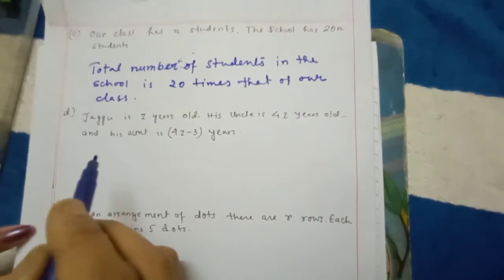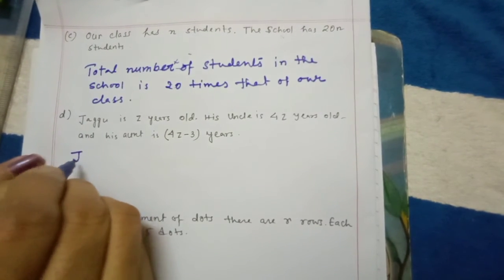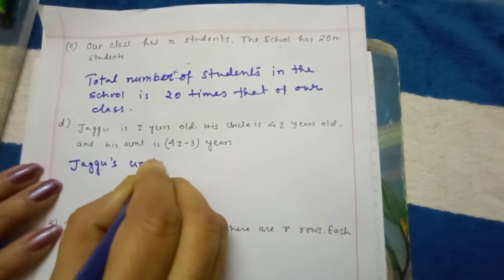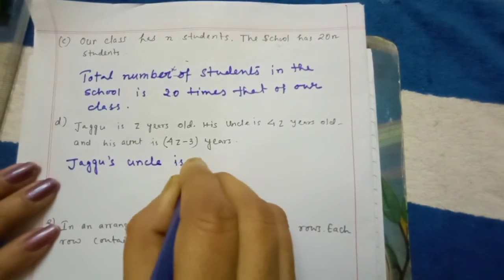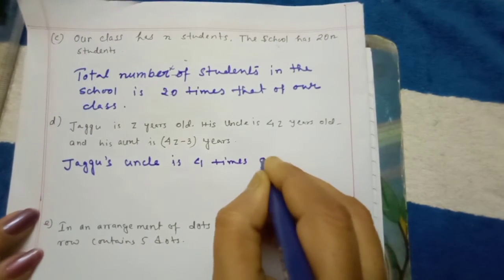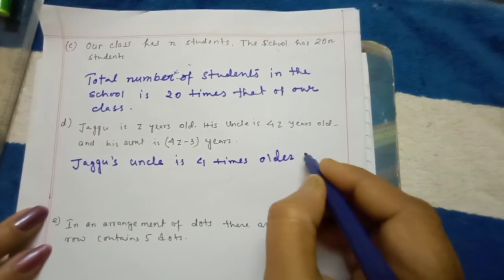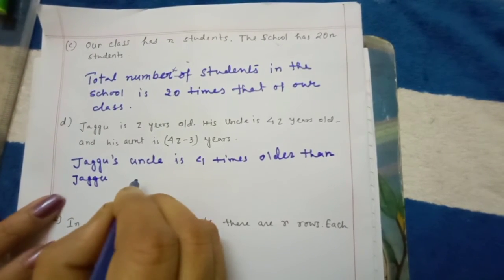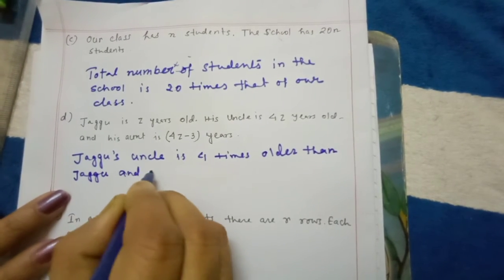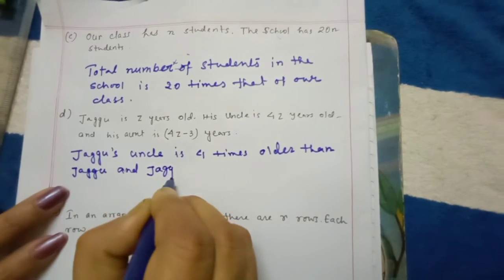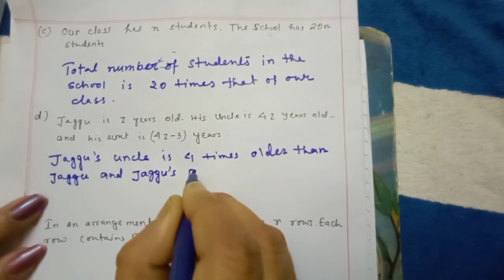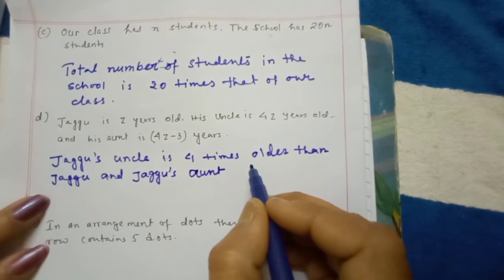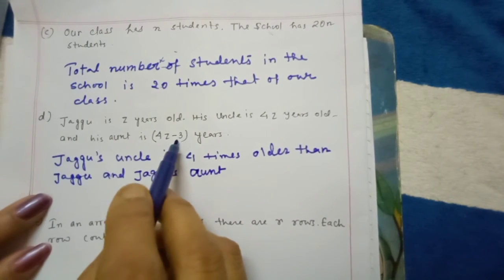You can write: Jaggu's uncle is 4 times older than Jaggu, and Jaggu's aunt is 3 years younger than his uncle, 4z minus 3.